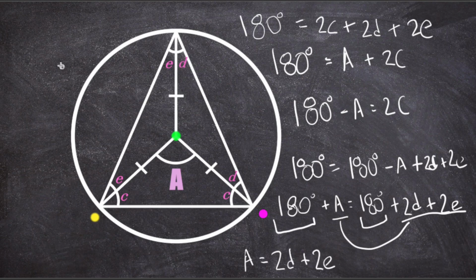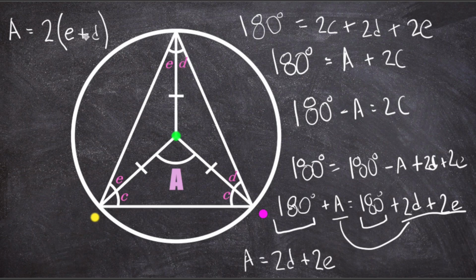Now we're running out of space, so let's go over this side to complete the equation. Notice that on the right hand side, both of the elements are a multiple of 2, so we can factor out 2 on the right hand side. So A equals 2 times, I'm going to swap it around, it doesn't matter which way you have the values, E plus D. Now that means that A is 2 times the size of E plus D.